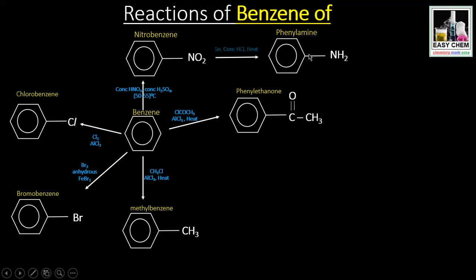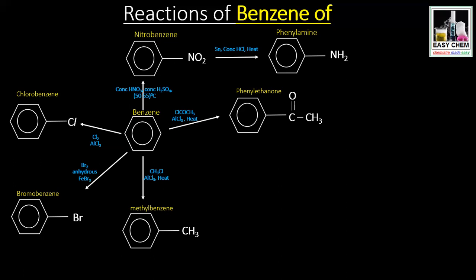We can do this reduction reaction by heating with tin and concentrated HCl. When you react nitrobenzene with tin and concentrated HCl, heat has to be provided. We can get phenylamine.